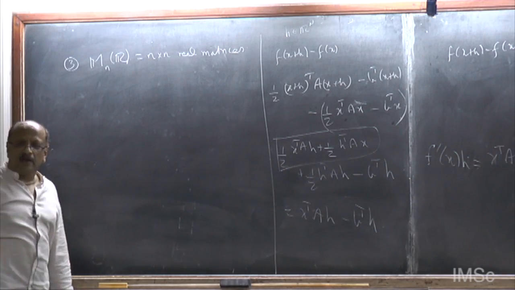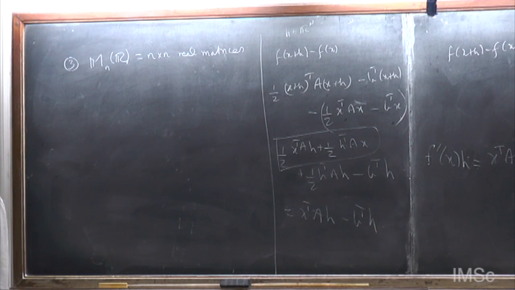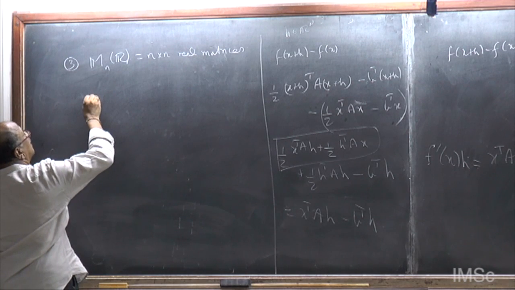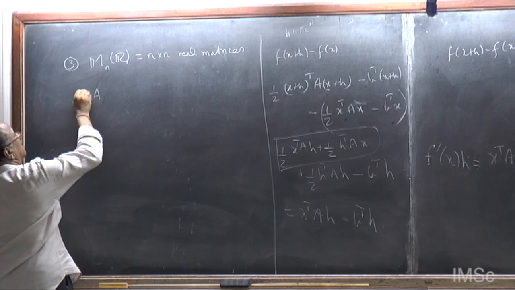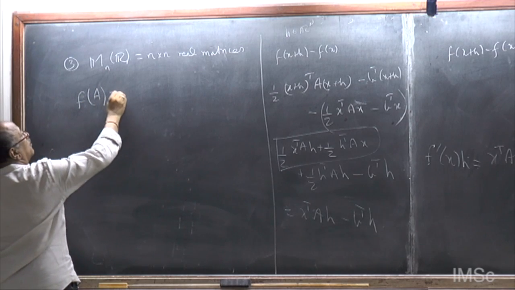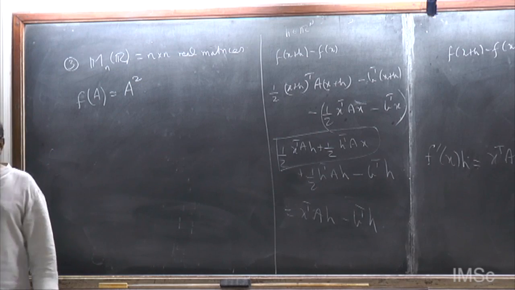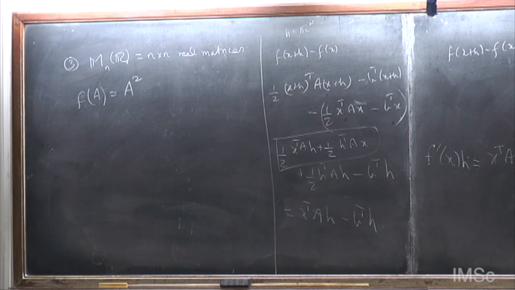You can identify it with R n square if you like. So, given any matrix A, I am going to define f of A as A square. So, I want to ask what is its derivative.